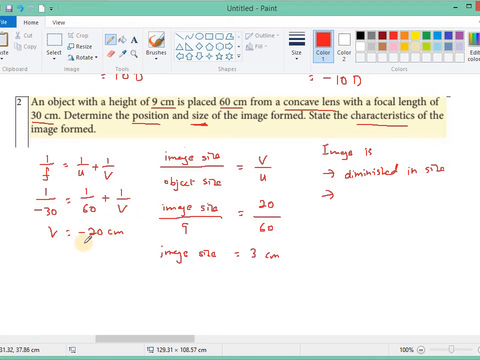The image distance is negative, so we know that this is a virtual image. Whether it is upright or inverted, we know that it is upright. How do we know that it's upright? Because all virtual images are upright. And then the position is negative 20 centimeter.